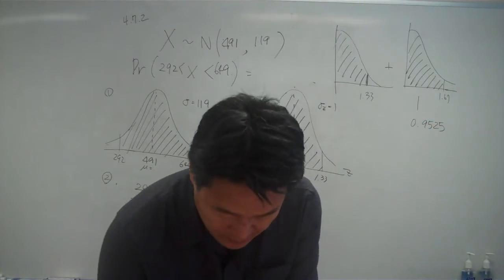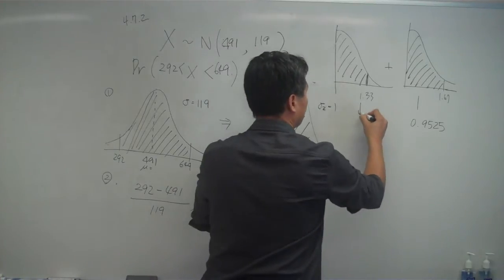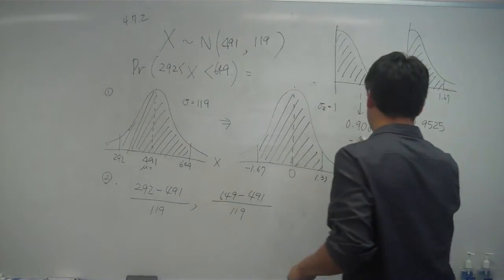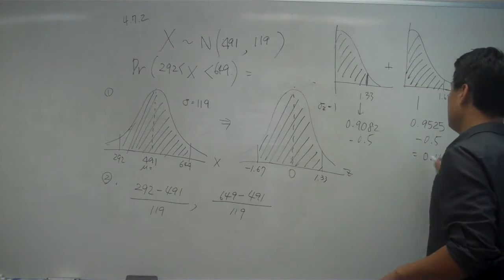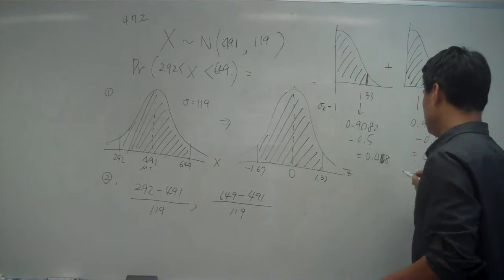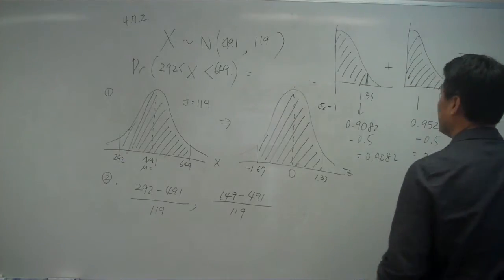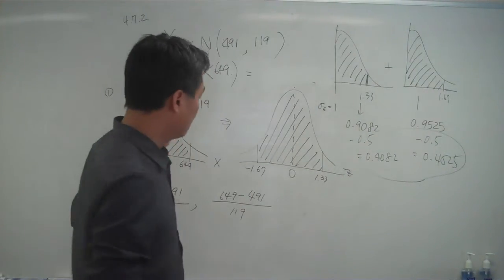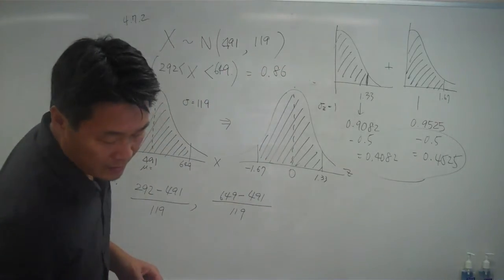And 1.33 is 0.9082. And you have to subtract 0.5 from each, then add them up. So the answer can be 0.8607.